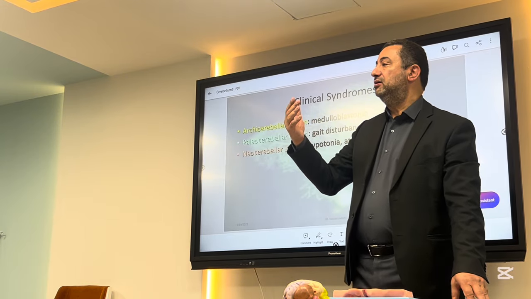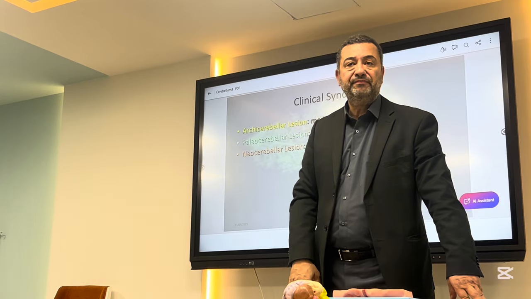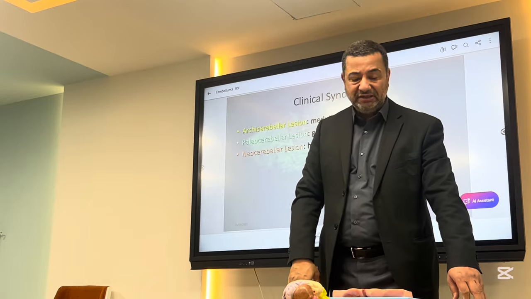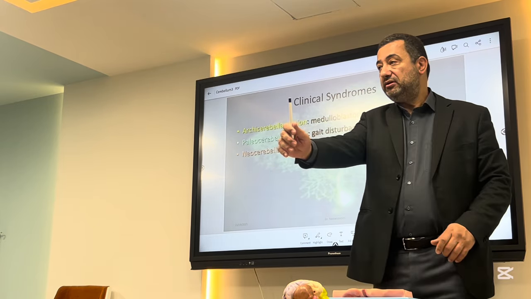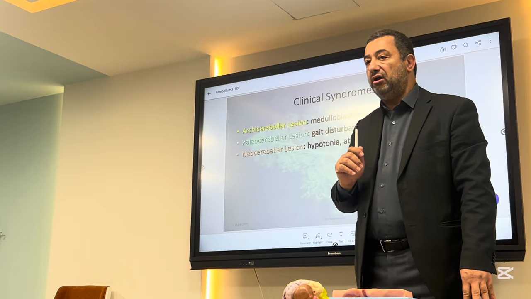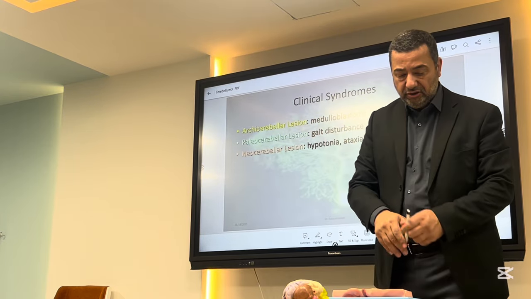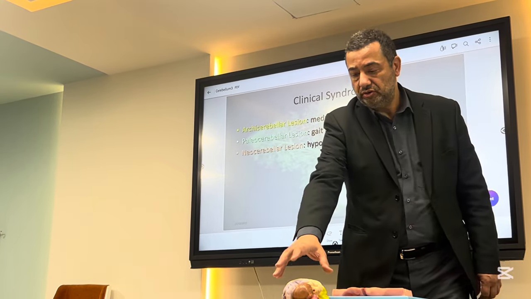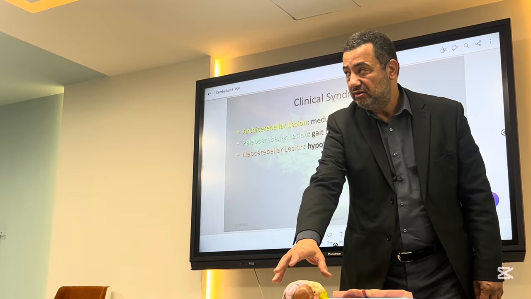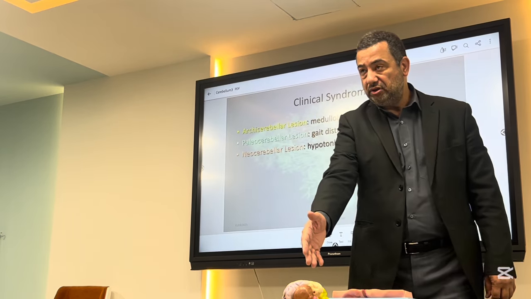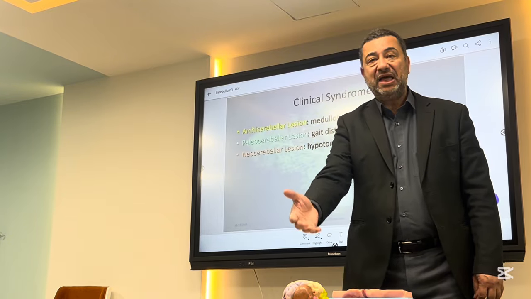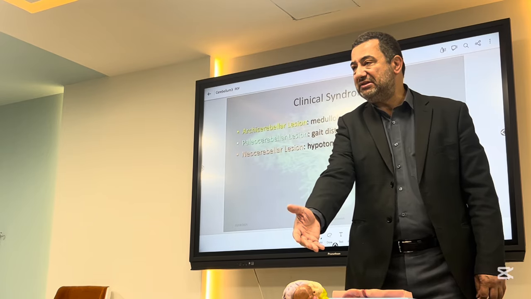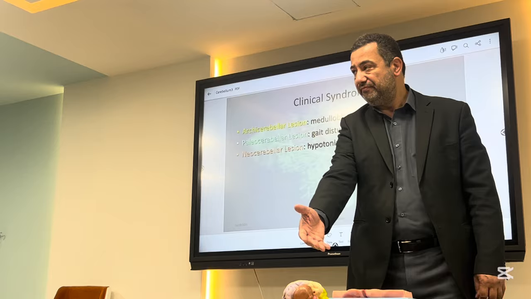In the lesion of cerebellum, your patient cannot estimate the distance of objects. When you want to touch this, you estimate what this distance is, how long this distance is, yeah?